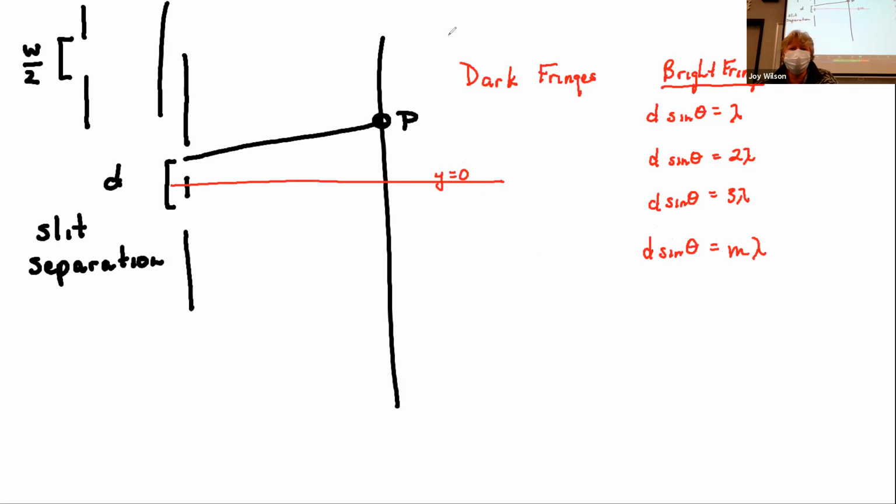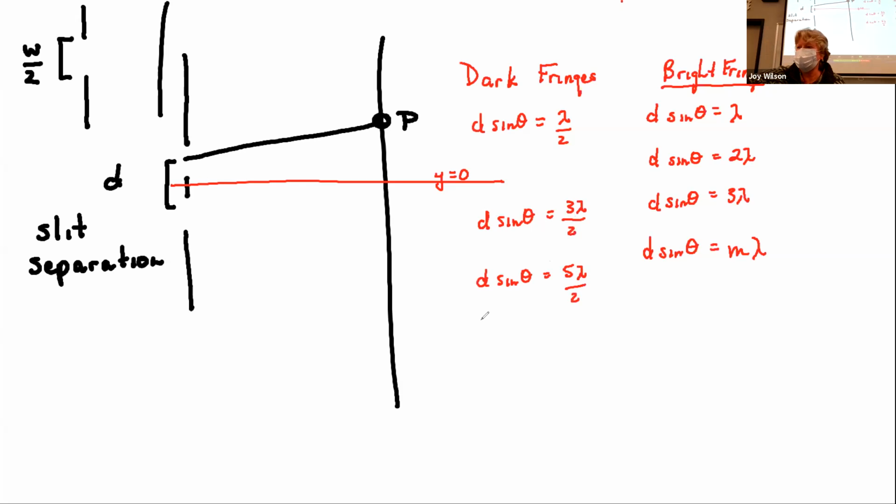So what happens to your dark fringes? When do you get a dark fringe? Wavelength over 2. Three wavelengths over 2. 5 half wavelengths, and so forth.